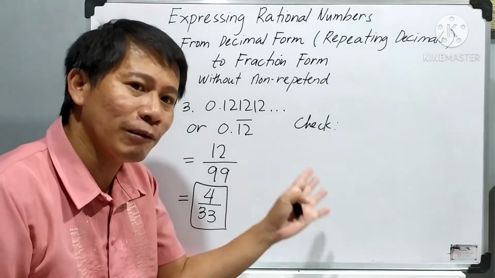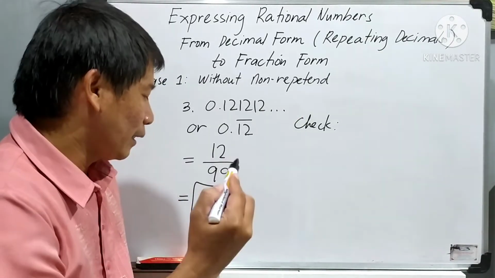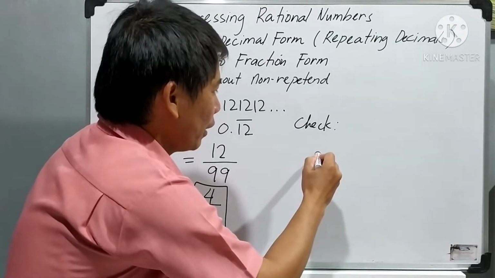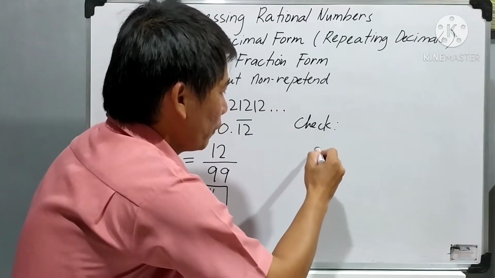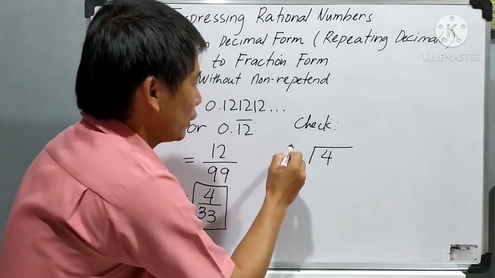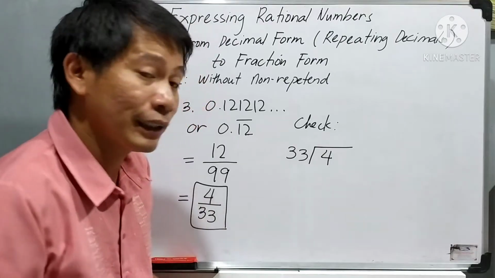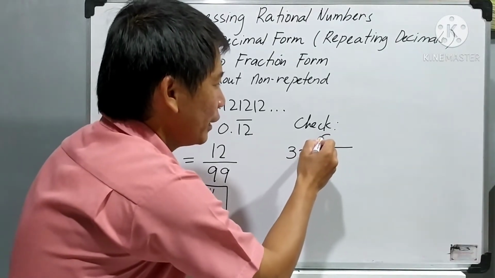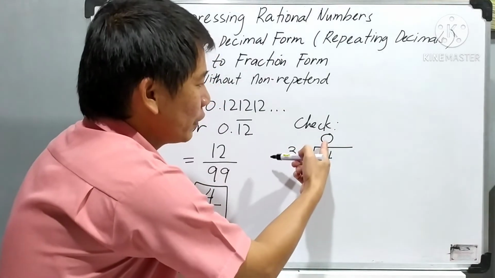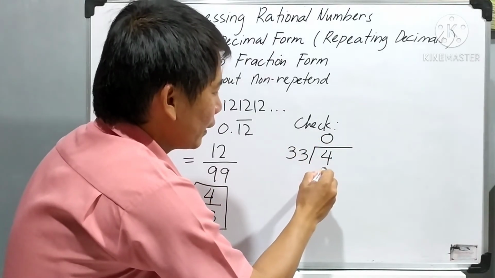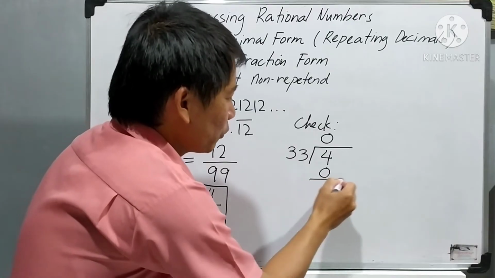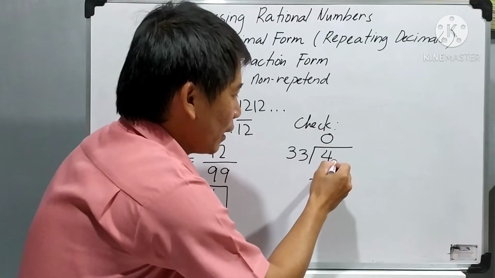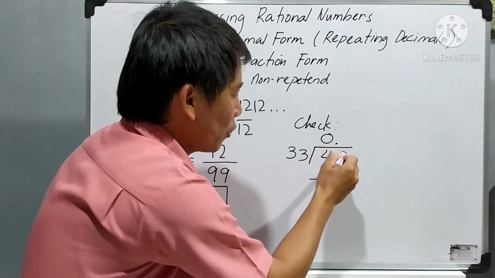Okay, just like what we did in the previous examples, we will divide the numerator by the denominator. So, we'll have here 4 divided by 33. Okay, and since 4 is smaller than 33, so our initial quotient is 0. Then 0 times 33 is 0. Subtract 4 minus 0 is 4. Continue dividing, add decimal point here, align in the quotient.